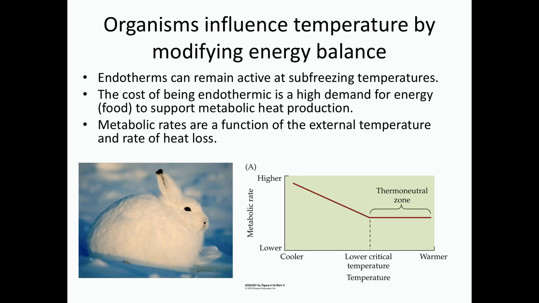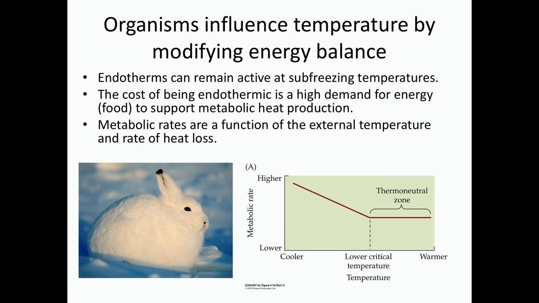So an Arctic hare, as pictured here, can actually live in an environment that is colder than it needs to function in, because it can generate heat internally. As long as it can gather enough food to maintain its metabolism, it can generate heat, trap it within its fur, and stay warm enough to maintain temperatures where its enzymes will function optimally.